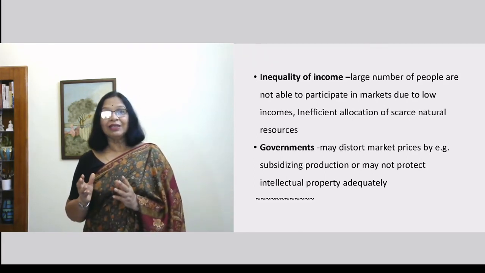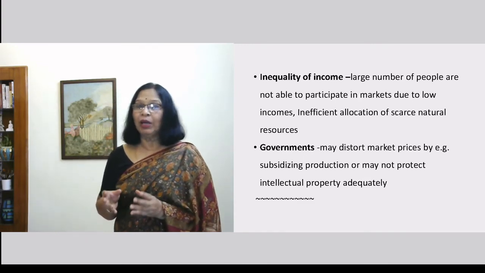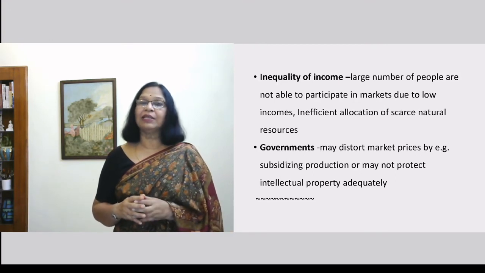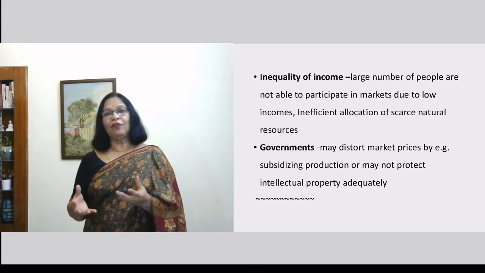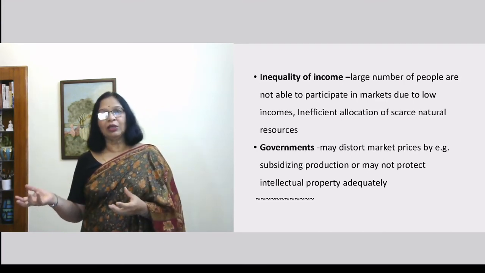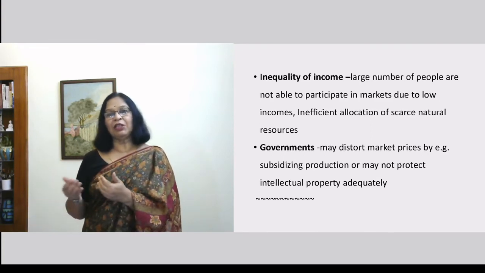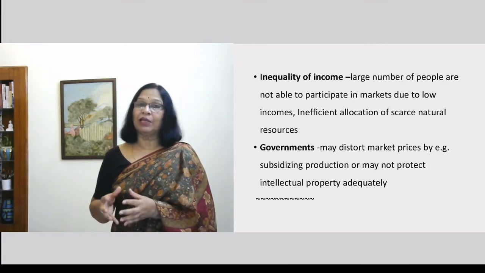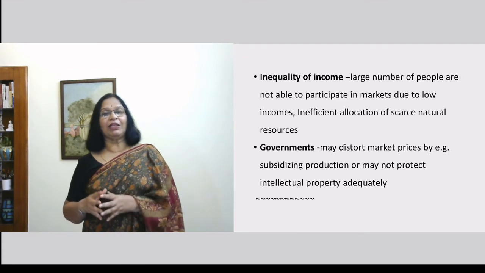But these people do not have the money to spare for getting themselves vaccinated. In such cases, again, markets have failed. When there is inequality of income, some people have large amounts of money, they can afford to do whatever they feel like. But even for a very basic need like vaccination, some people may not have money. In such a case, the markets have failed and the government has to step in.